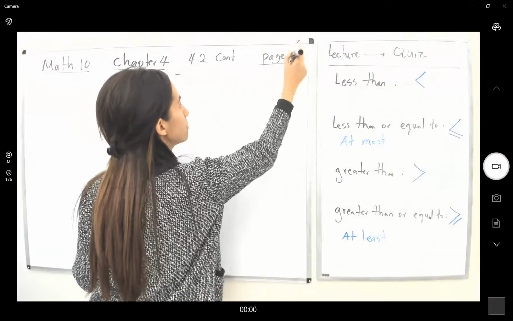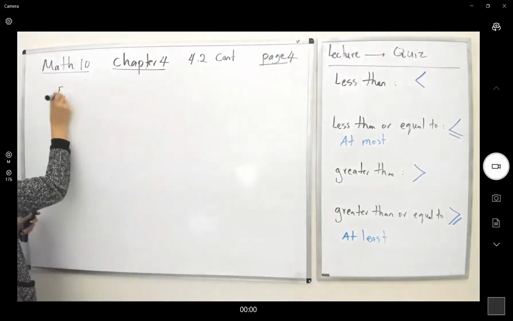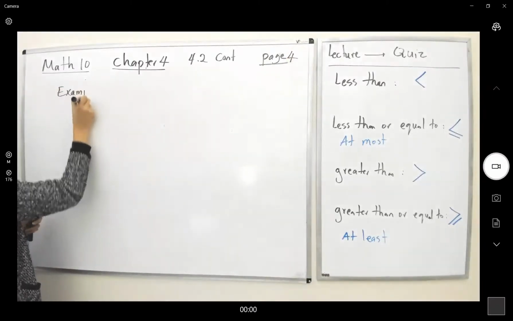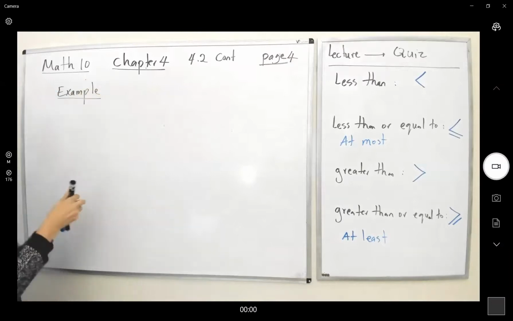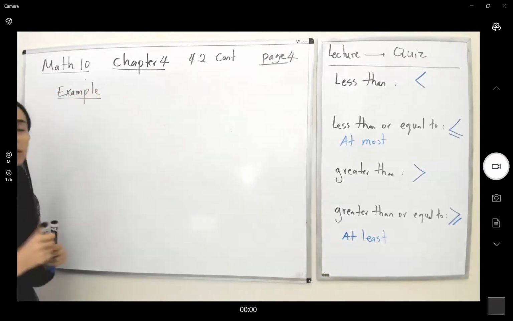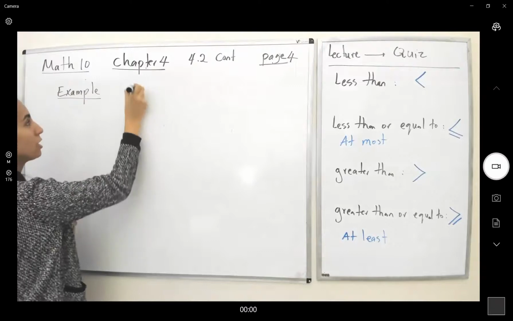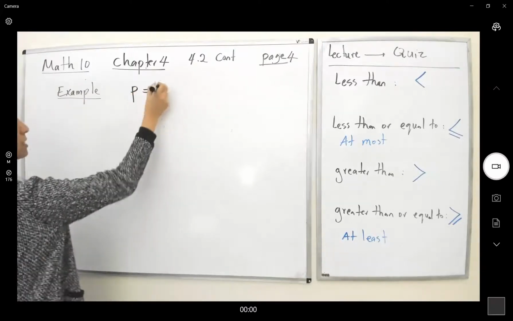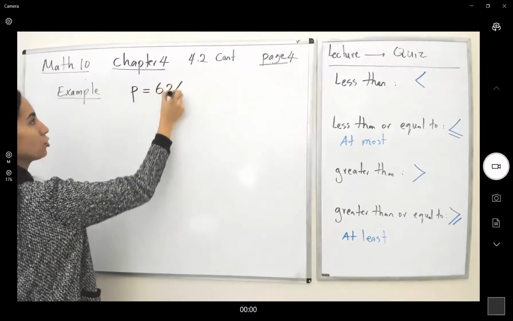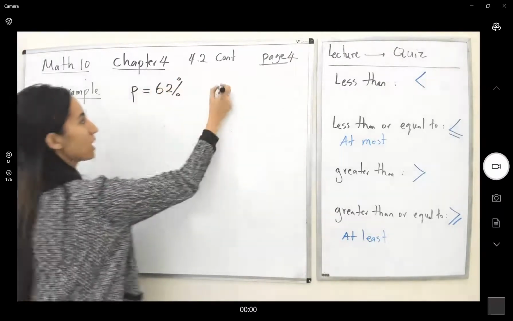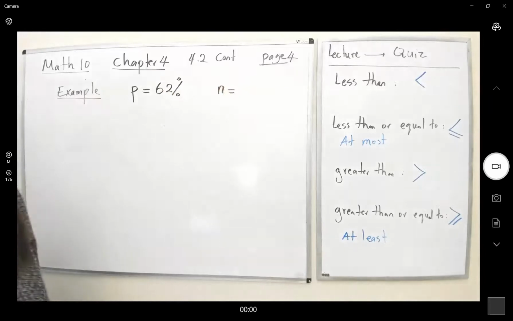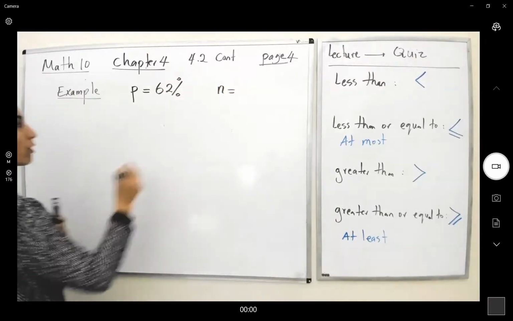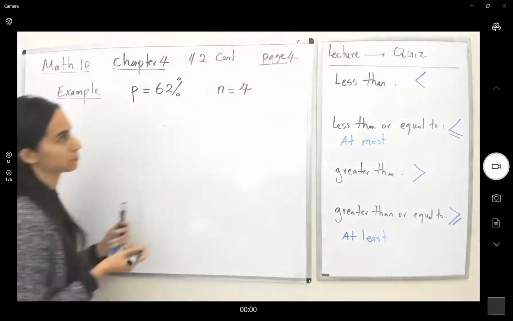As we identified, P, or the probability of success in one trial, is 62%. What is N? N is 4.